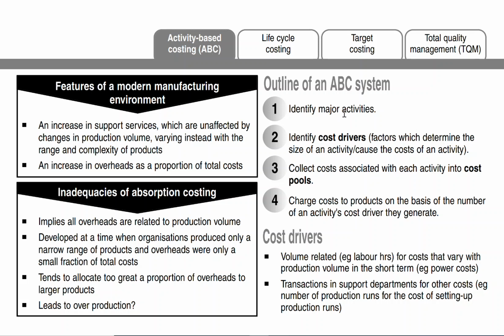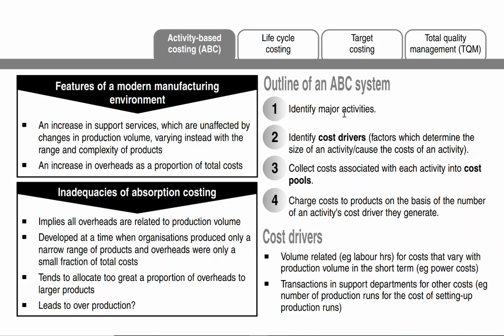Each activity that is done in a department would be separately divided. For example, ordering, delivering, scheduling. It doesn't matter if one department performs many activities. Under absorption costing, one department would use one thing, be it labor, machine, or unit. But here, one department can have many things.